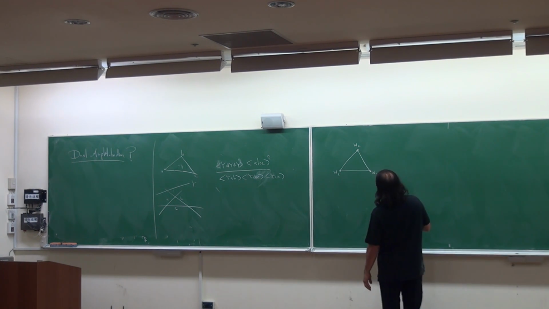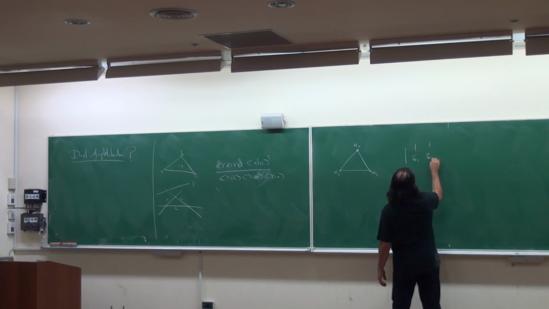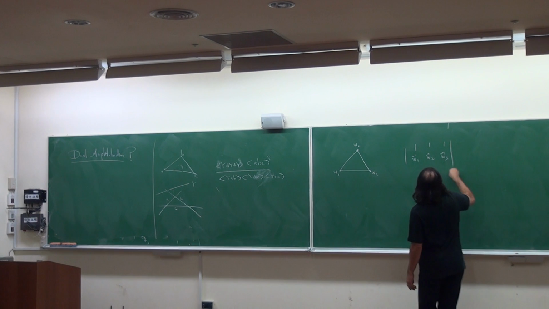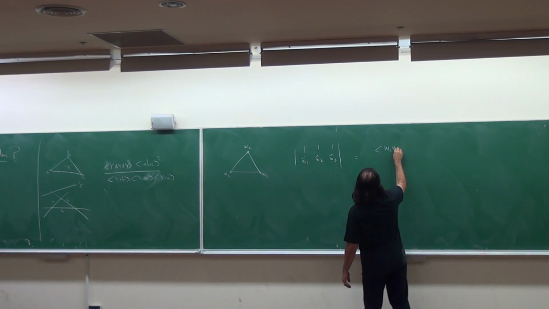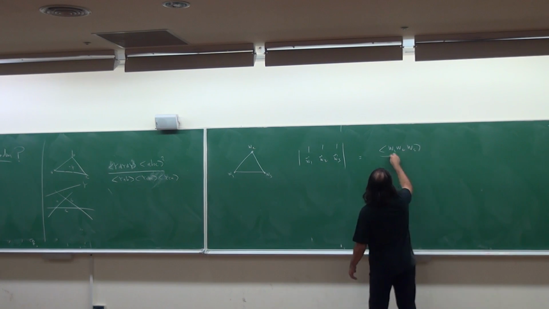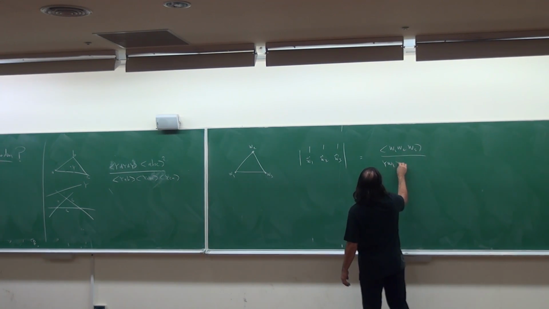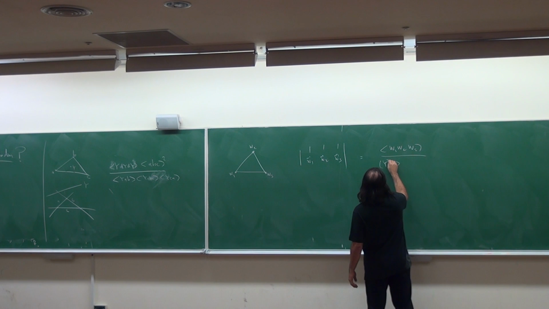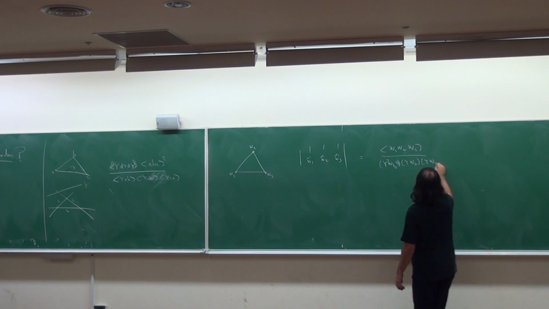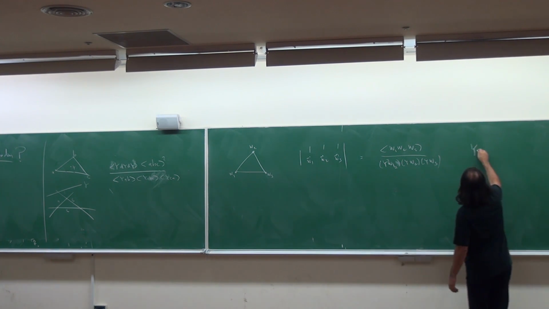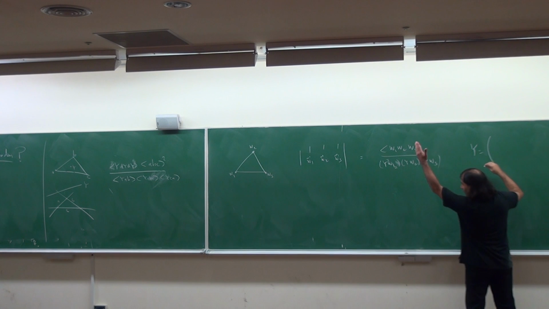Then, what is the formula for the area? Well, it's just the one we said before. It's 1 W1, 1 W2, 1 W3. But I can write this more projectively as W1, W2, W3 over Y W1, Y W2, Y W3, where Y is the line at infinity.